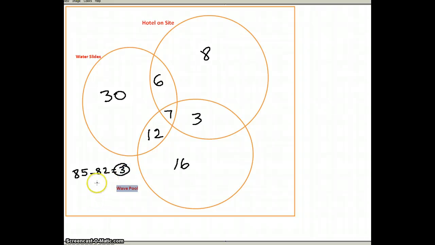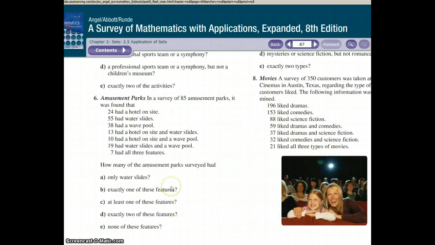And this 3 will be sitting outside. So the only option would be 3 with no water slides, no hotel, and no wave pool. Out of these 85 amusement parks, we have 3 that have none.